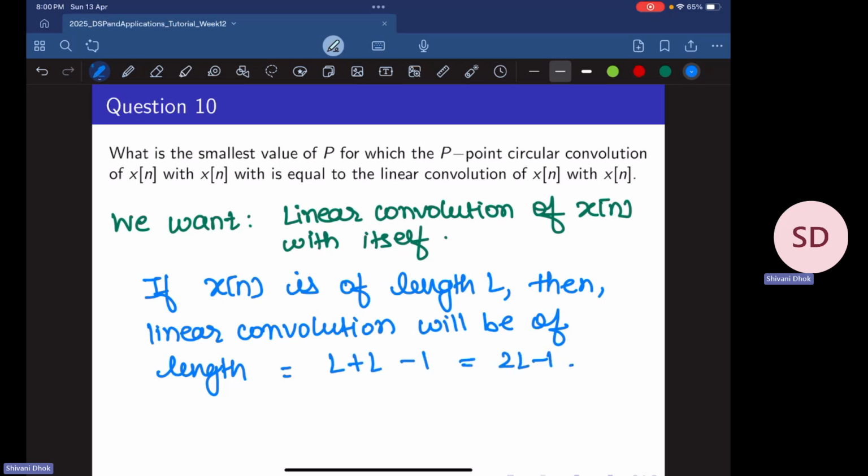This is a standard thing, we have seen this earlier as well. Okay, so this is what we have. Now this linear convolution should be equal to your circular convolution.